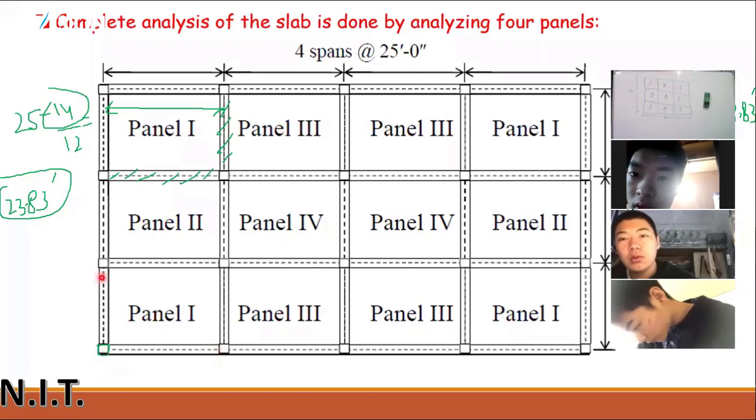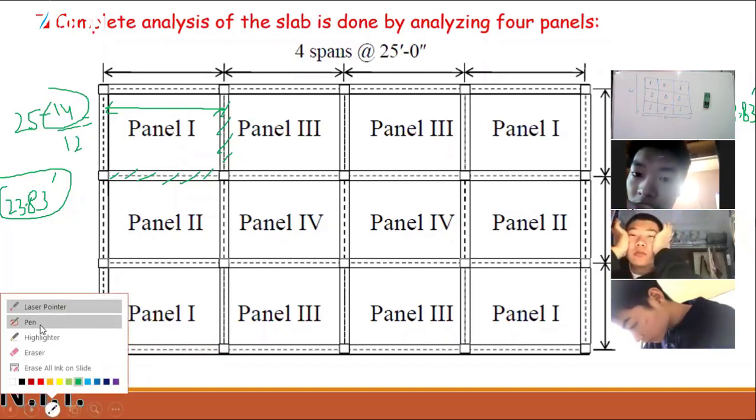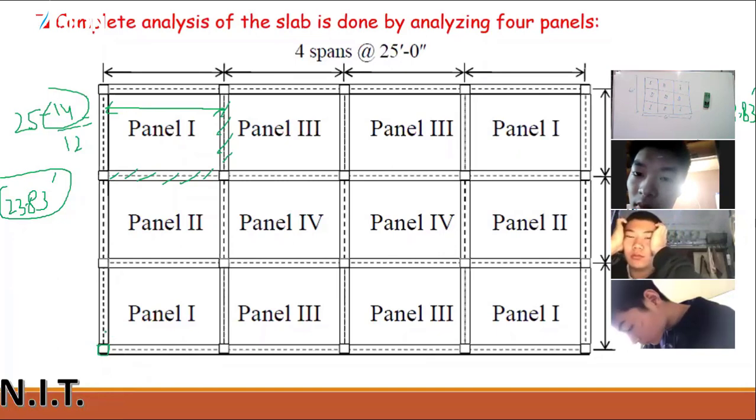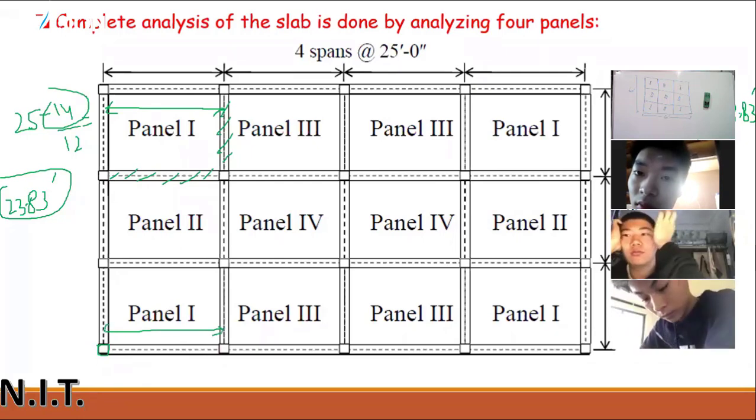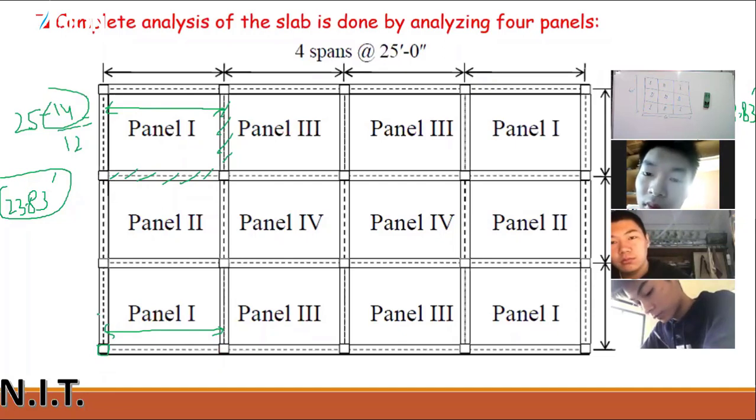Now listen, if I want to draw this center line, this dotted line means center line. So from this center line to this center line, what will be the dimension? This is total 14 inches. This small line is 14 inches. This is also 14 inch.